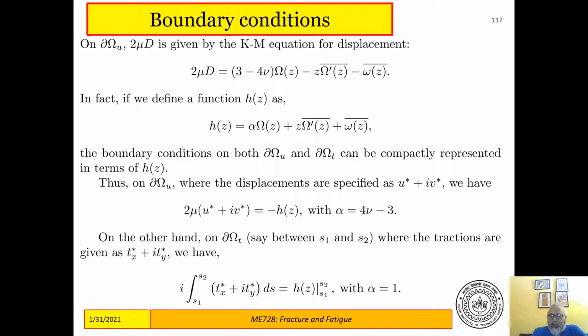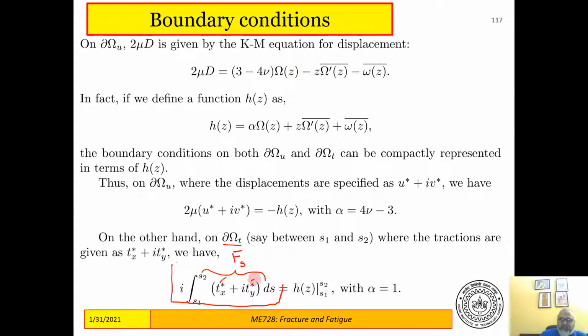So we have talked about the boundary conditions. When tractions are specified, this is how the boundary condition is written. On the part of the boundary del omega t where tractions are specified, i times this quantity is the total force that is applied on the boundary. These are specified tractions.